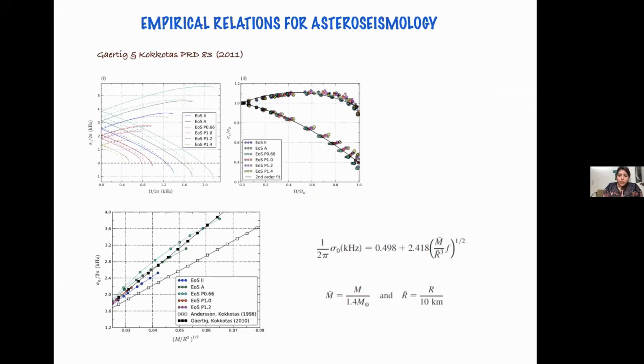Now rotation was included by the group of Kokkotas later, and they also obtained the non-rotating limit of their calculations. And again, as you can see from the bottom figure, they showed that the relation from Andersson-Kokkotas is different from what they are proposing now, with a different set of equations of state.